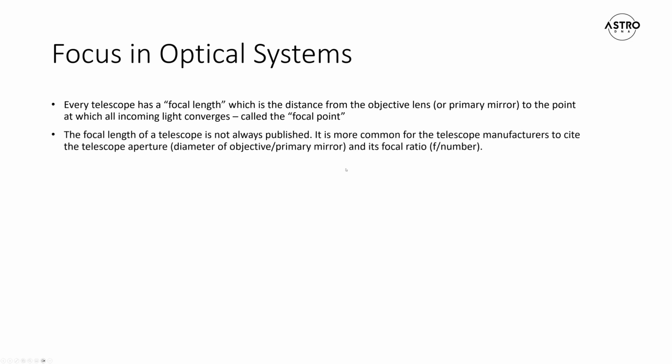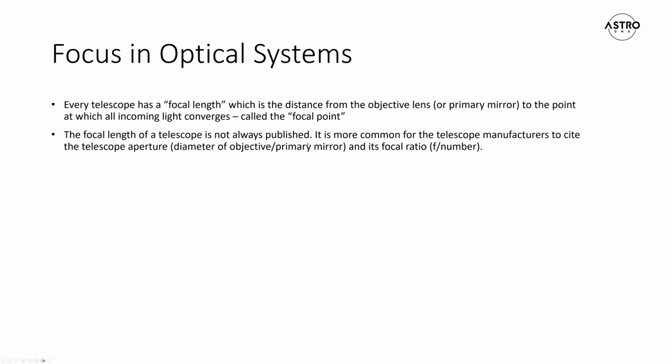The focal length is not always published. You rarely see it published by manufacturers. They prefer to cite two other data points. One is obviously the aperture, or the diameter of that objective lens or primary mirror.